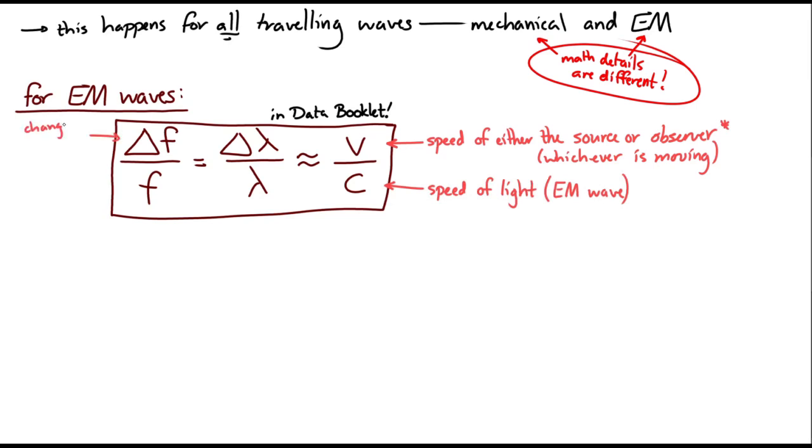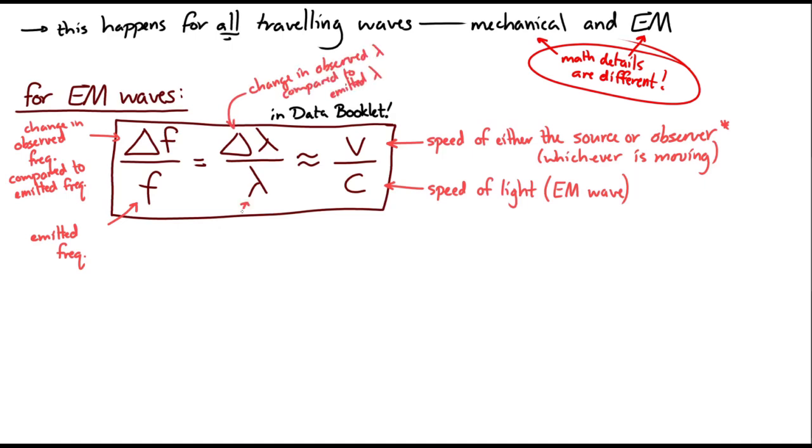Over here, delta f is the change in the observed frequency compared to the emitted frequency. Down here, f in this equation is the original frequency that's emitted by the source. And then similarly over here, delta lambda is the change in the observed wavelength compared to the emitted wavelength, and the wavelength down in the denominator is just the original emitted wavelength.